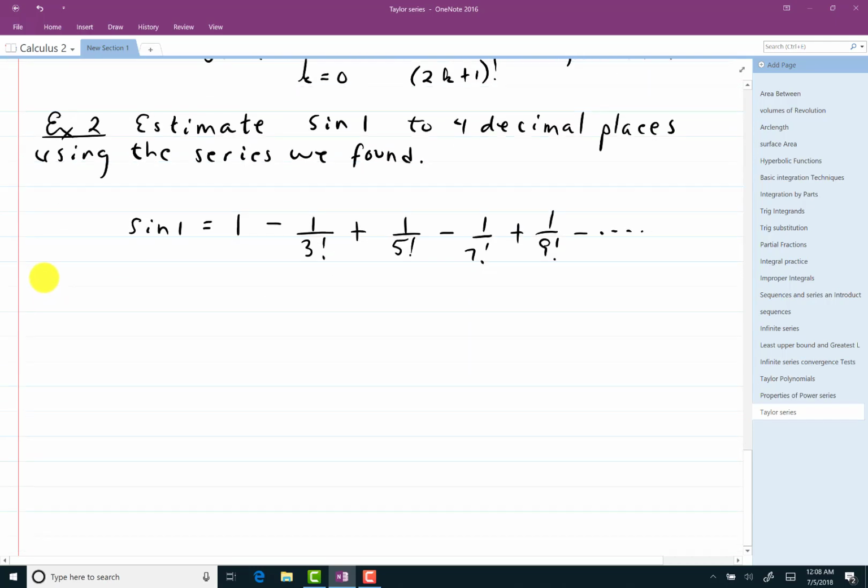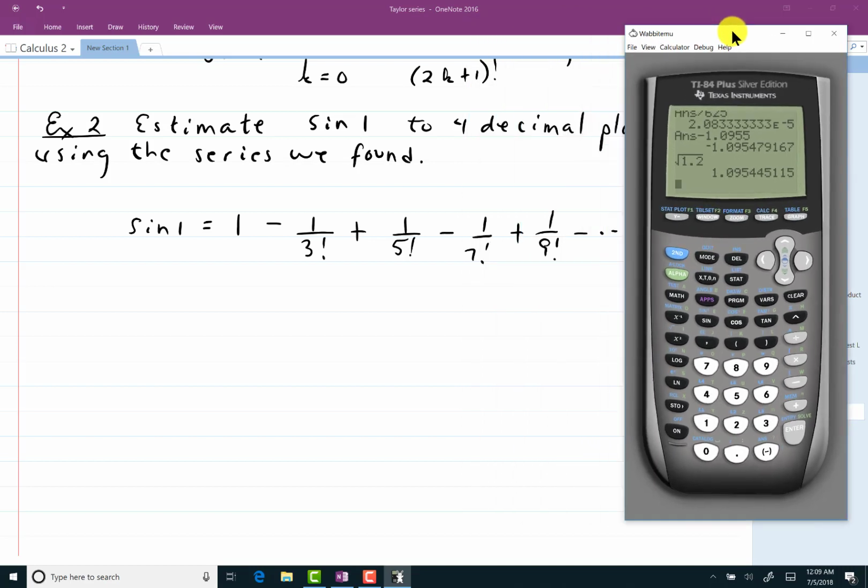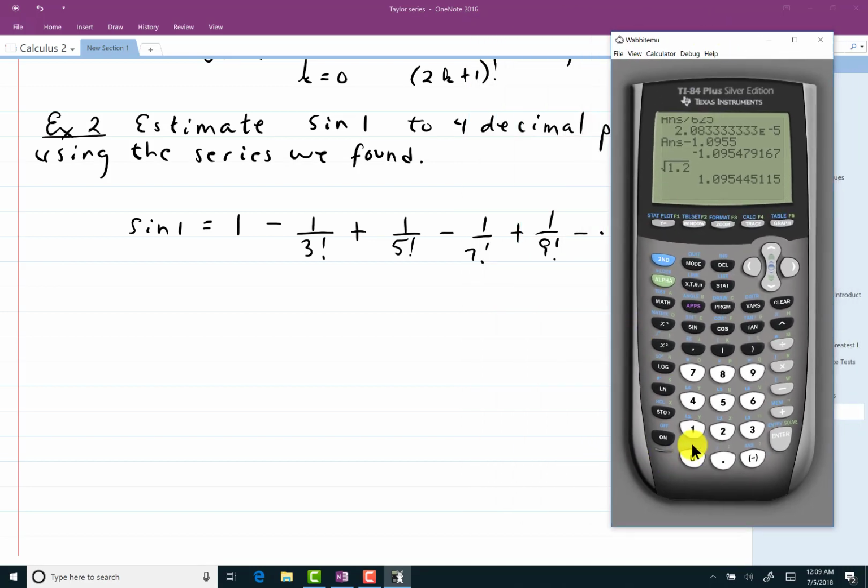So what I'm going to do is use your calculator, or at least the kind of calculator I think most of you have, one of the TIs, and just calculate until I see the decimals start to line up to the 4th decimal place. So let me push the calculator to the side, and I'll start with 1 minus 1 divided by 3. Now if you're looking for the factorial on your calculator, press Math, go to PRB, Probability, and choose number 4.